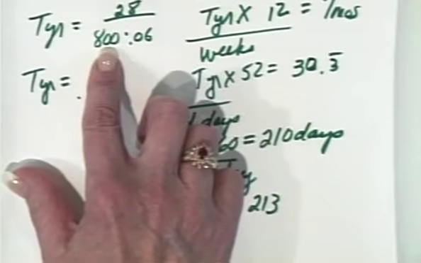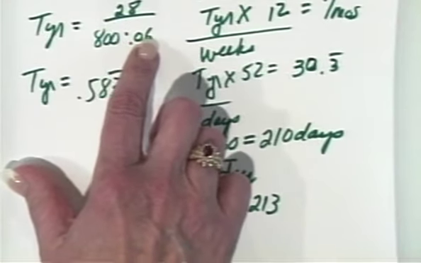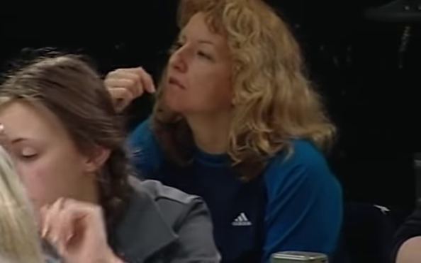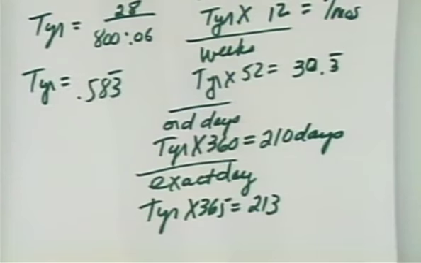Did you get this? 28 divided by 800 times 0.06. And did you get this number, 0.583 repeating? Yes. Take it times 12. It's 7. Right, so it's 7.